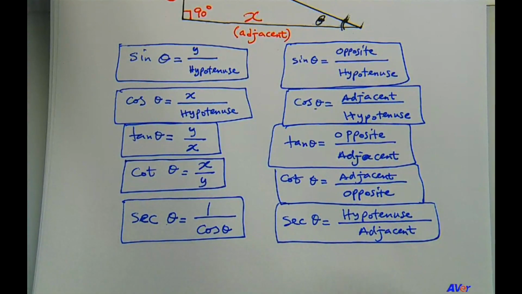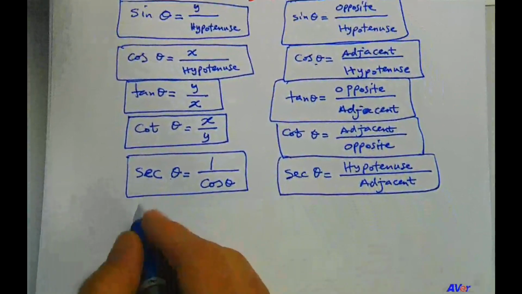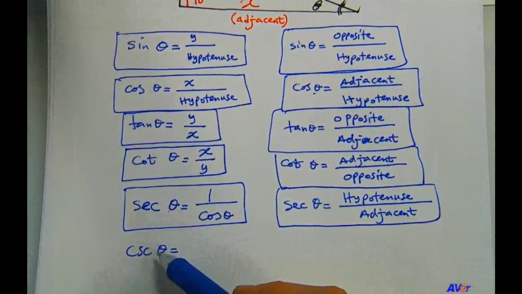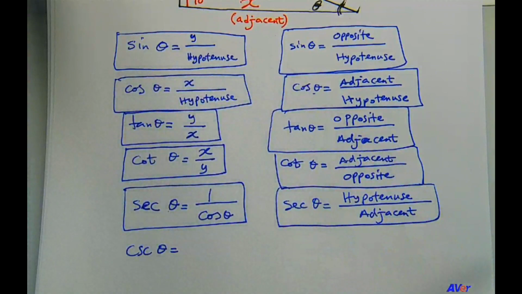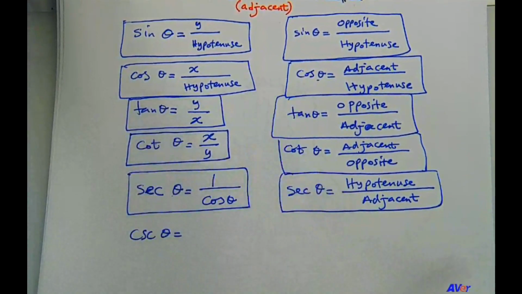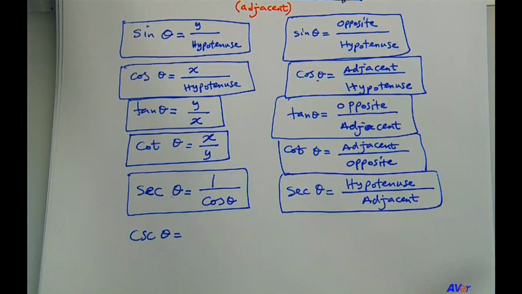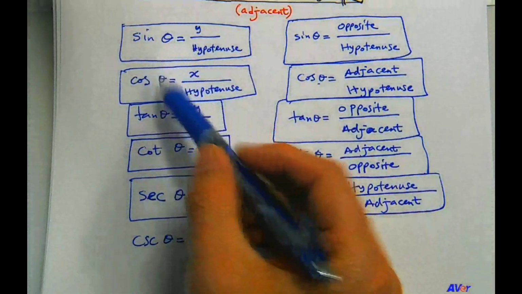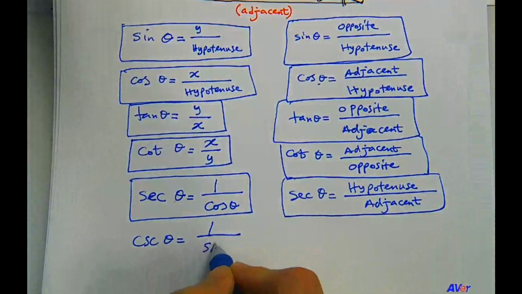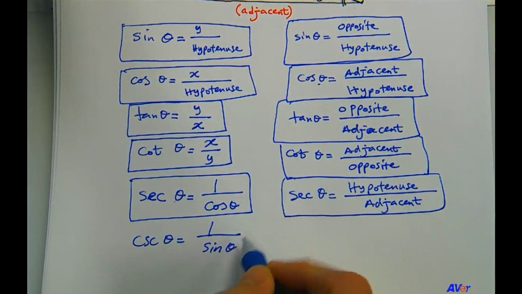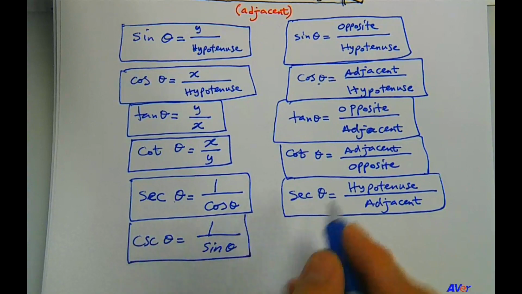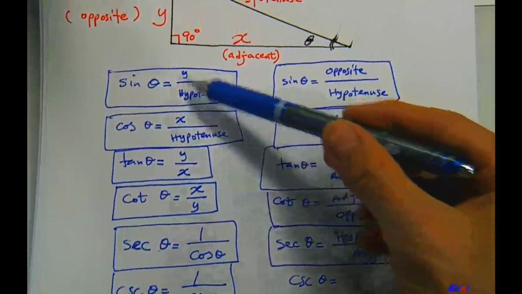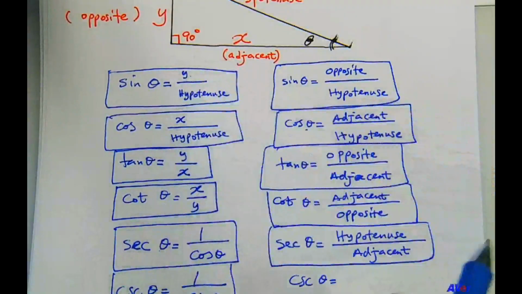Okay, finally, the cosecant of theta. Do you remember how the cosecant function was related to one of these other functions? Do you remember which one it was? If you said the cosecant function is the reciprocal of the sine function, you're absolutely correct. 1 over sine of theta, but the sine was y over hypotenuse, so cosecant is hypotenuse over y, right?